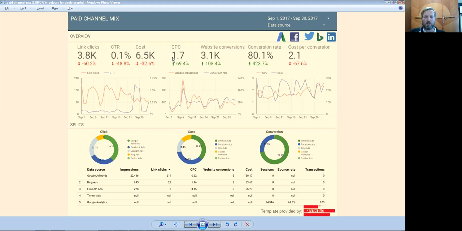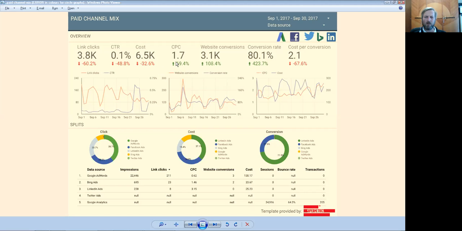Whereas your cost per click went up. Now, firstly, I wouldn't make it so that when it relates to cost going up, it's a green one, and when costs go down, it's a red one. Green is considered to be good and red is considered to be bad.